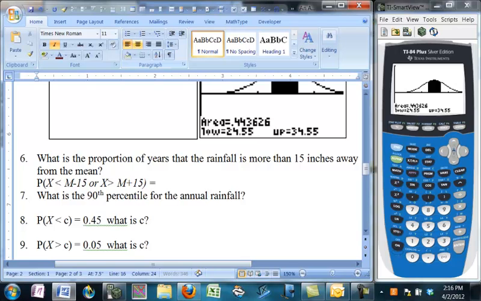Well, this is also equal to 1 minus the probability that x is between m minus 15 and m plus 15.